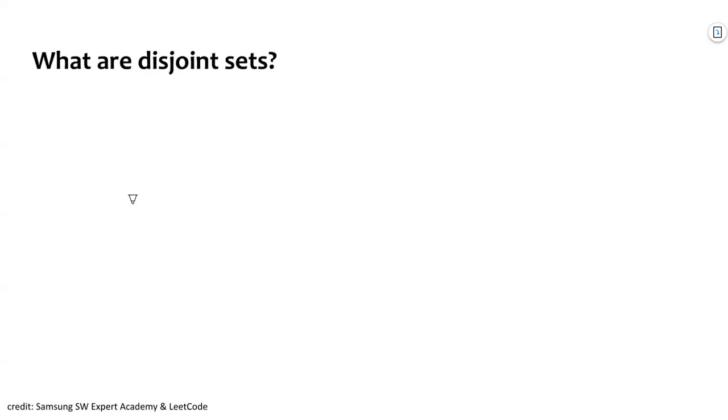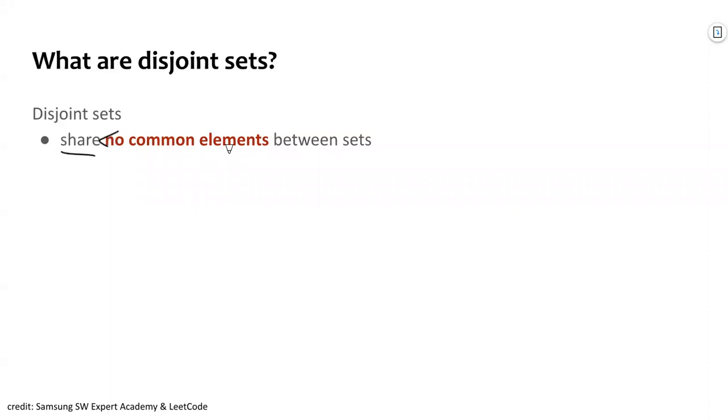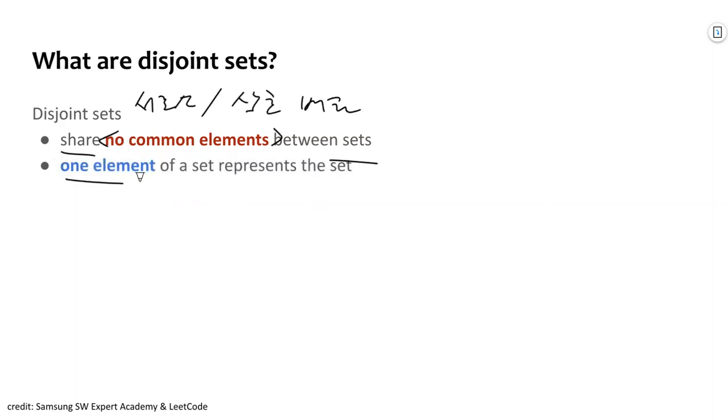And what are disjoint sets? In Korean, disjoint sets are 서로소 집합 or 상호 배타 집합. So they share no common elements between sets. And one element of a set represents the set.